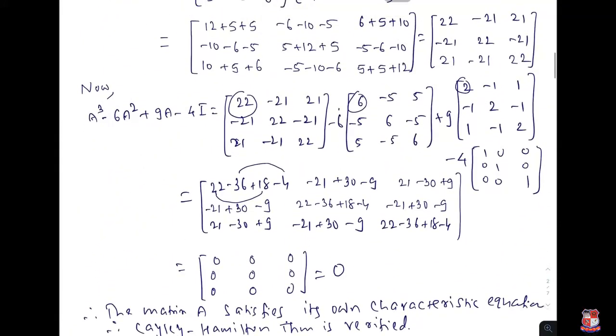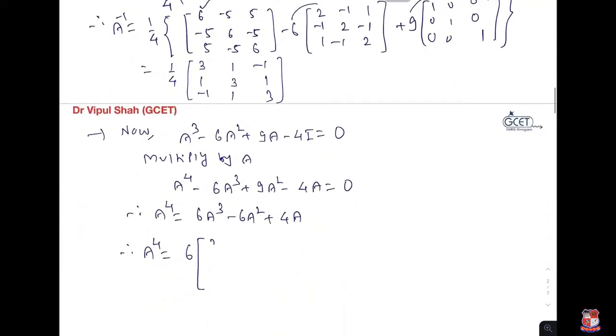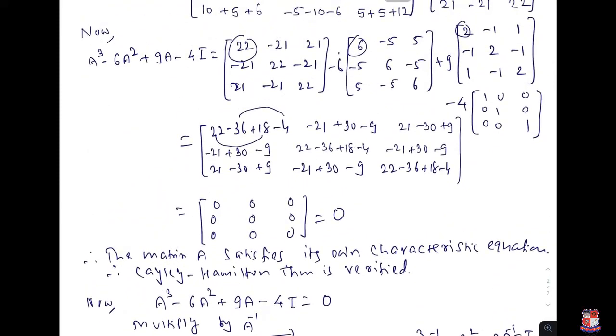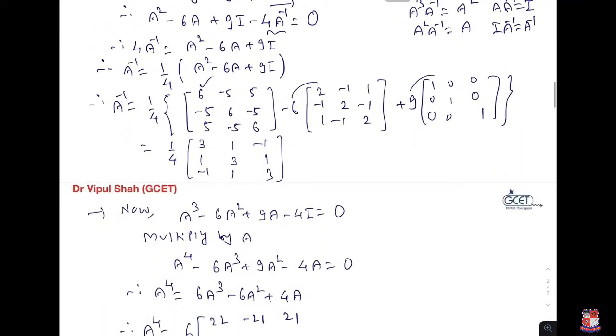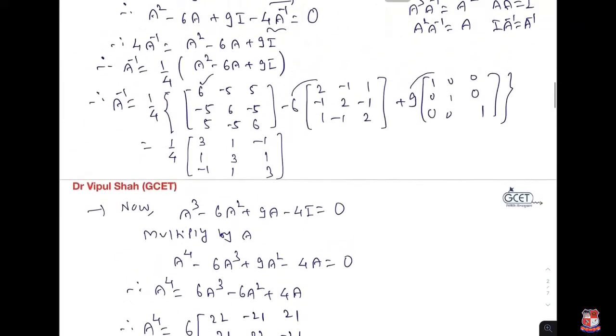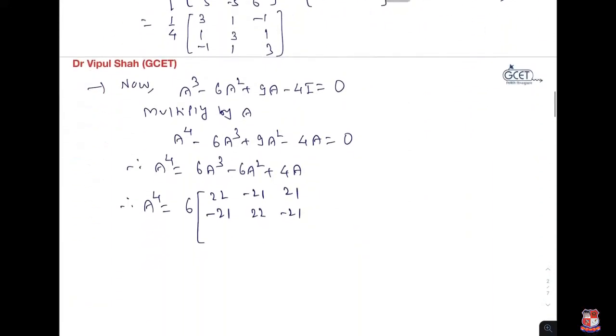A cube is 22 minus 21 21, minus 21 22 minus 21, 21 minus 21 22.